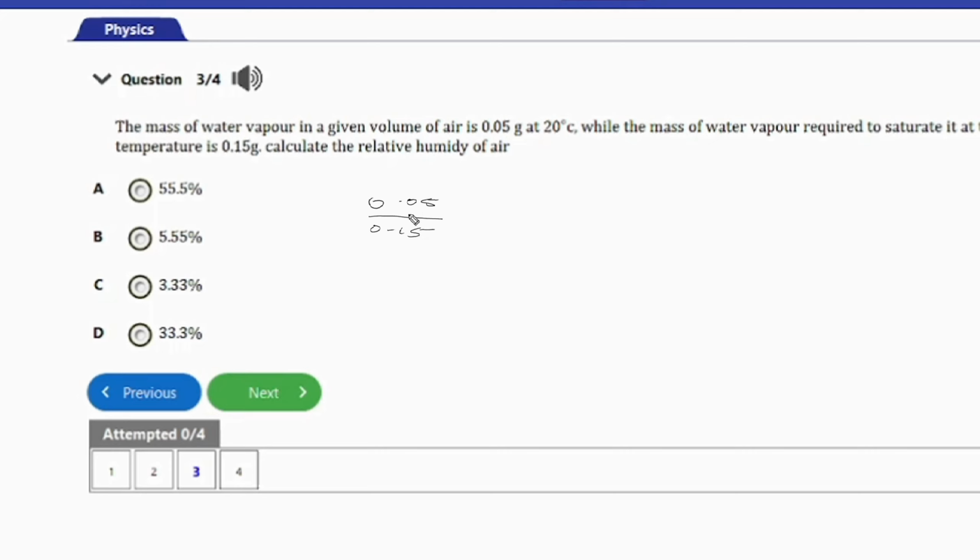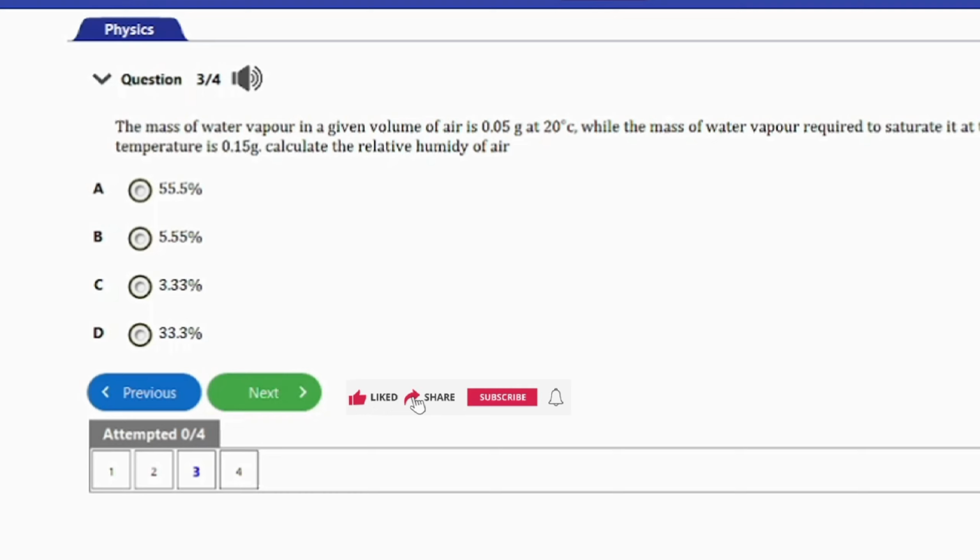So we just divide 0.05 by the amount that will saturate it, 0.15, then multiply this quotient by 100%. When we do this, we have 33.3%. And that's it for this question. Option D is the answer to this question.